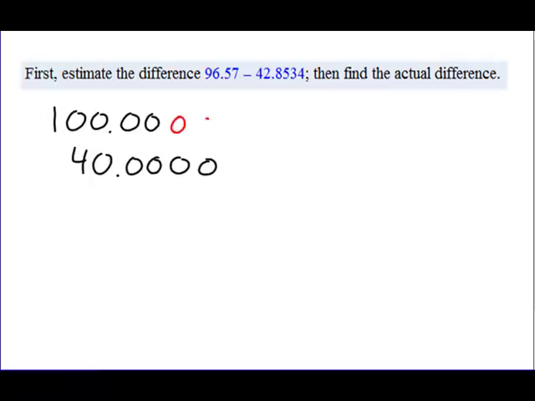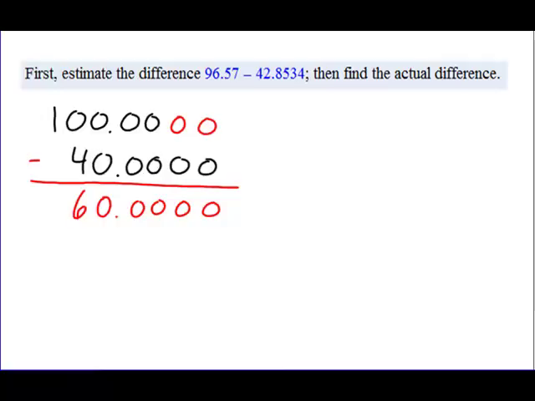The 6 causes it to round up, so this actually rounds to 100. 42.8534 rounds to 40. Put in my placeholders. Let's subtract. And this is 60.0000.